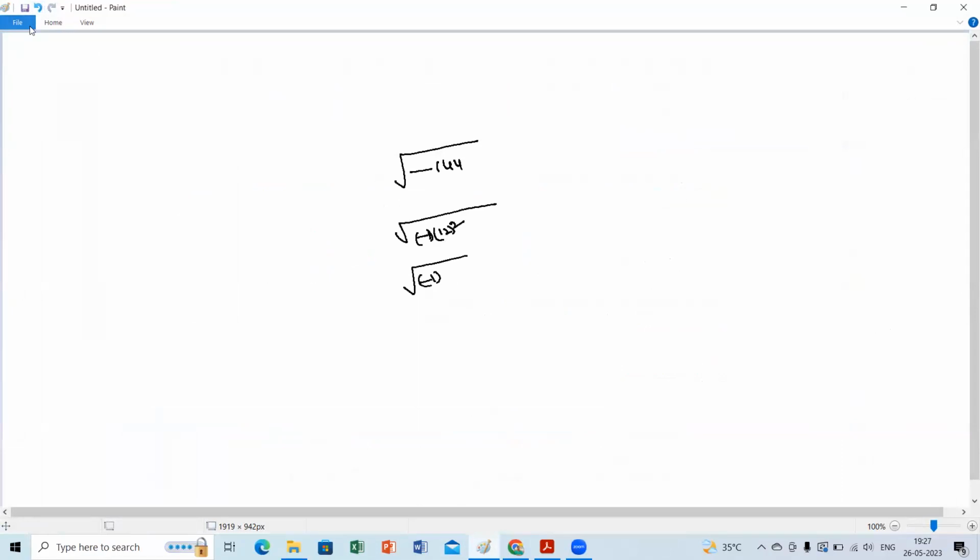Can we take 144, or else another square number, say 169? Repeatedly subtract.